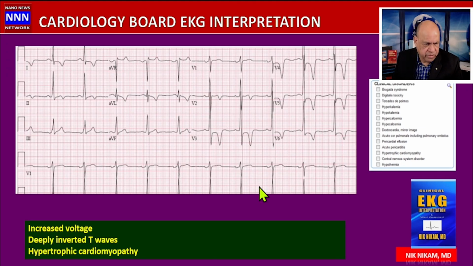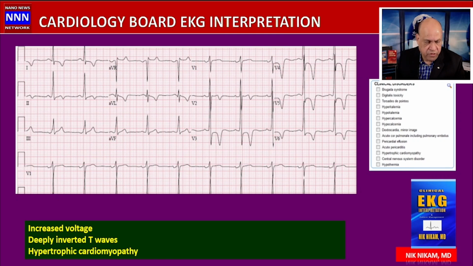Okay, let's talk about patients with hypertrophic cardiomyopathy. There are certain important features that we see which may suggest the nature of the hypertrophic cardiomyopathy we are dealing with. In addition to increased voltage, left atrial abnormality, and left axis deviation if it is present, if we see these deeply, narrowly inverted T waves in the anterior and lateral leads, you think about hypertrophic cardiomyopathy, especially the apical type.